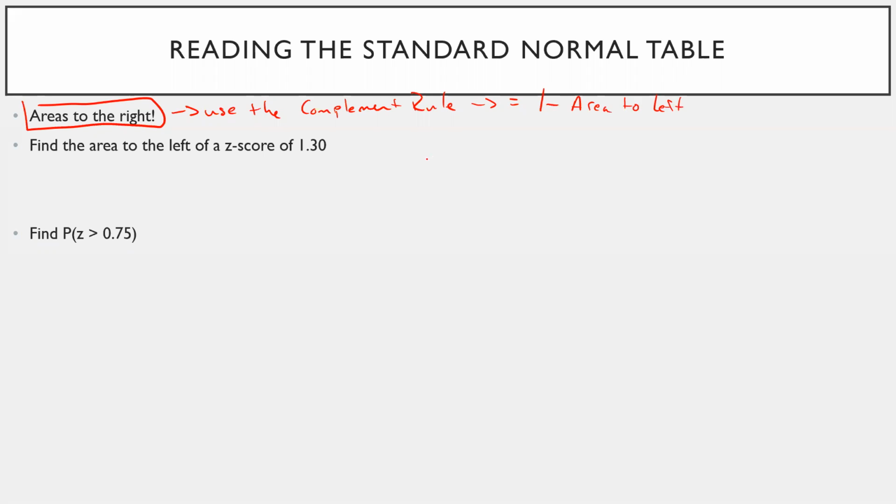Always, always, always. Sorry about a little bit of a typo here: find the area to the right of a z-score of 1.30. I'm going to sketch it just so you can see exactly what's going on.